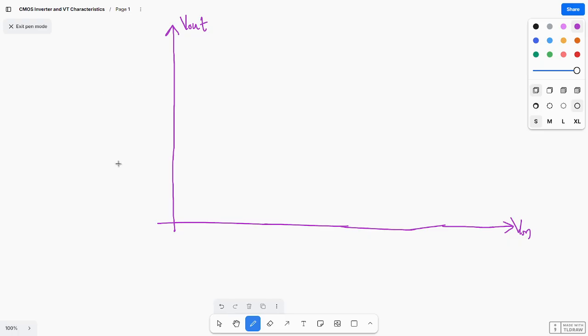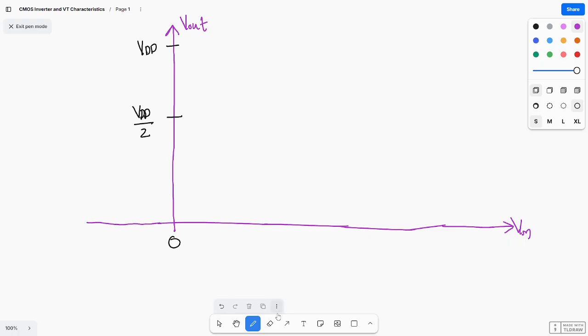So here 0 is there, and VDD by 2, and next here VDD. Next, in the x-axis you can take the negative value also.